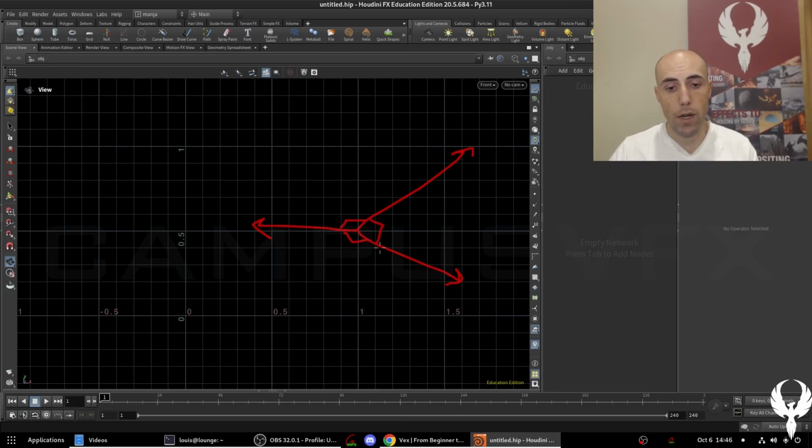Doesn't matter if those two are perpendicular or not, it will return the vector perpendicular to both of them. So it's that simple.